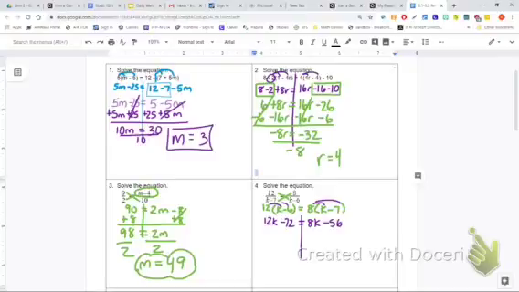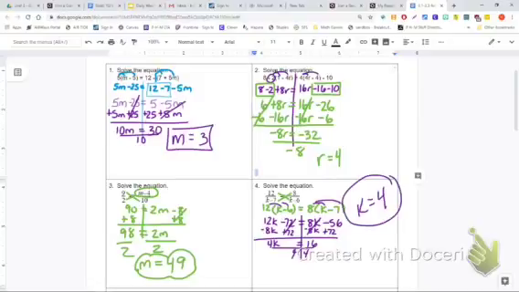So we're going to say minus 8k, that cancels. I'm going to add 72, add 72, that cancels. That leaves us with 4k equals 16. Divide both sides by 4, and k equals 4.